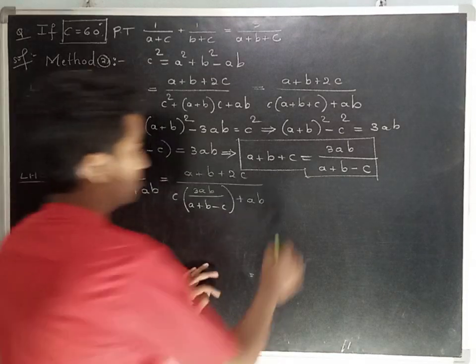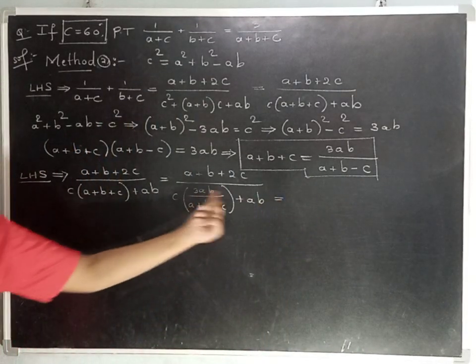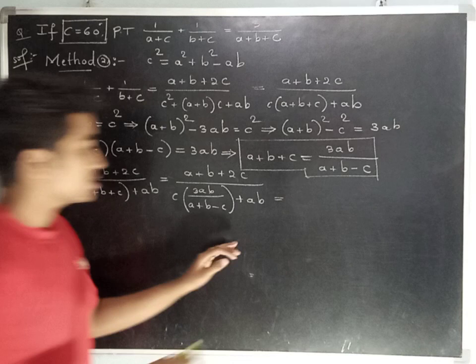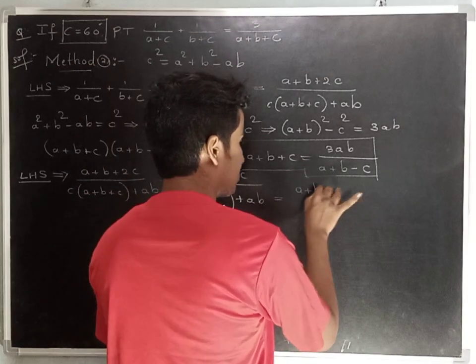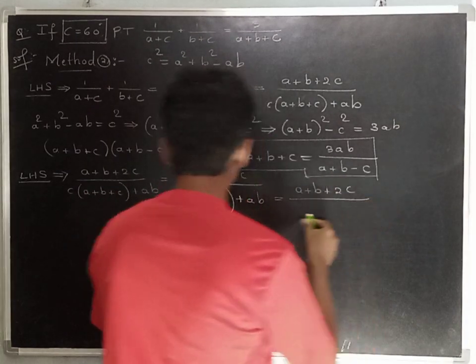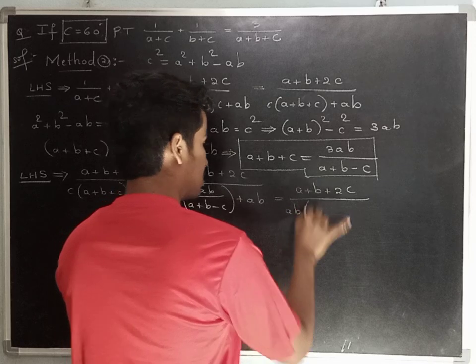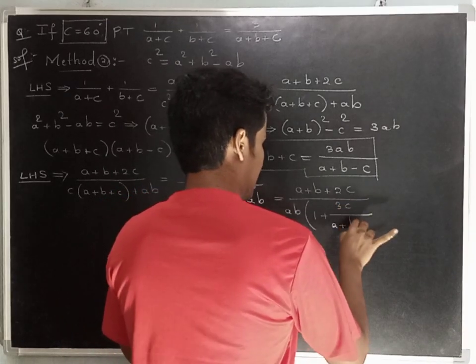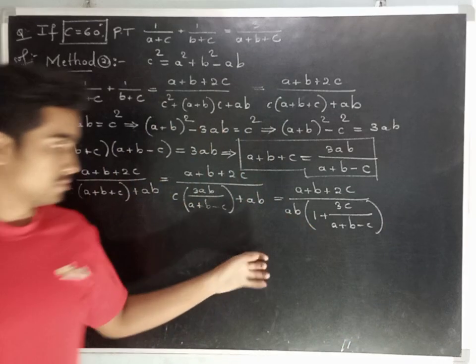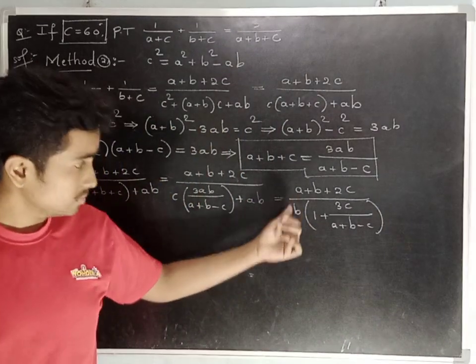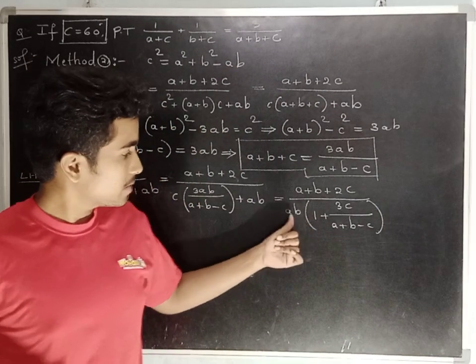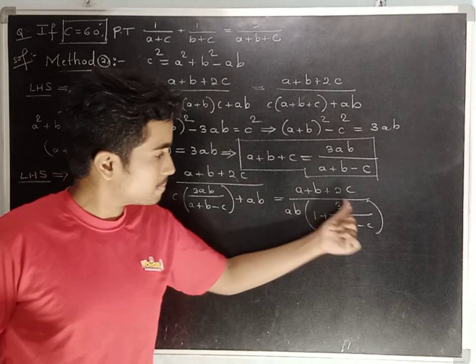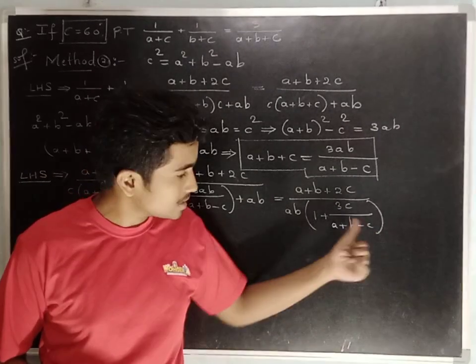Further, let me take in the denominator ab as common, so that I am going to get a plus b plus 2c by ab into 1 plus 3c by a plus b minus c. By taking ab as common, I have got 1 plus 3c by a plus b minus c.